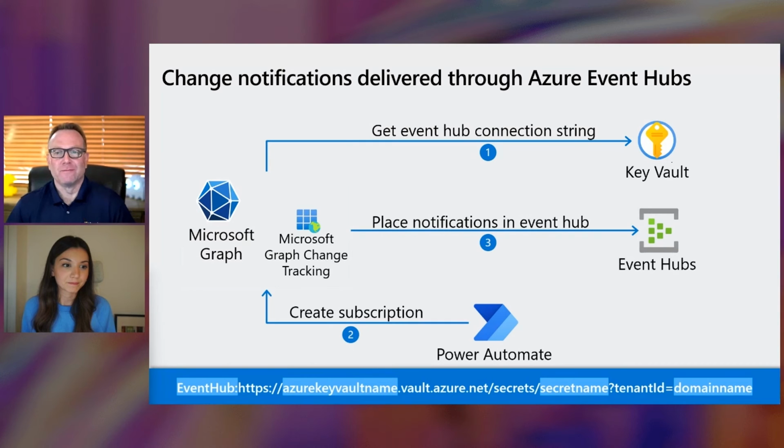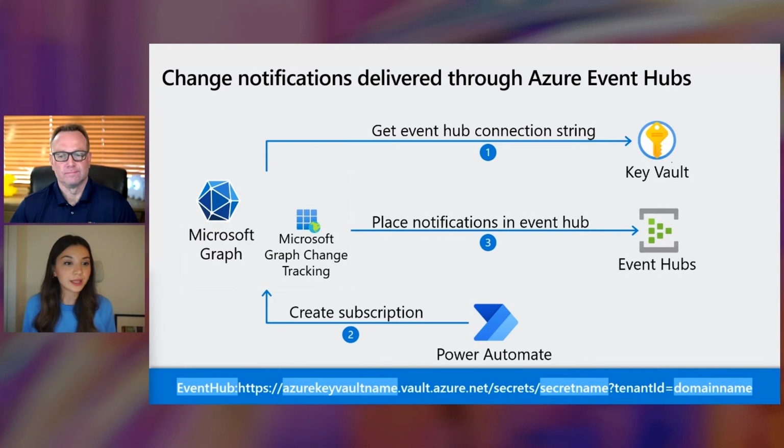Yeah, it's great for any of those secrets you don't want to get out there, especially not in your source code. And you want to store them somewhere safe, and Key Vault's great at that. Yeah. So if you check out Microsoft Graph change notifications, you will see that there is a notification URL we have to define. Instead of using any webhook, now we're going to define the notification URL as our Event Hub URL.